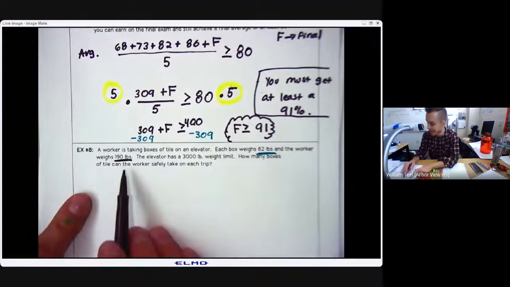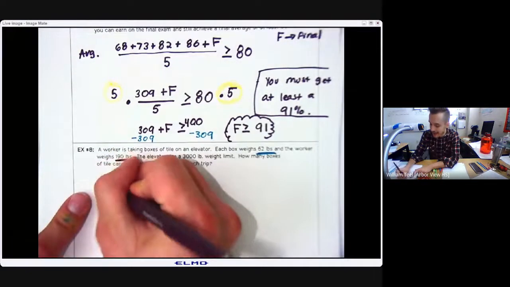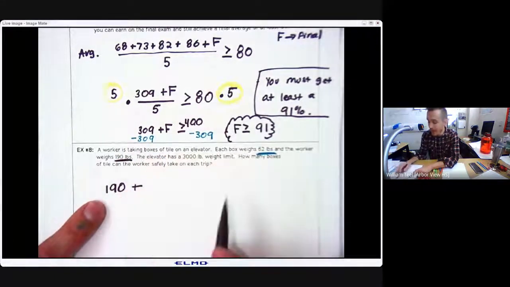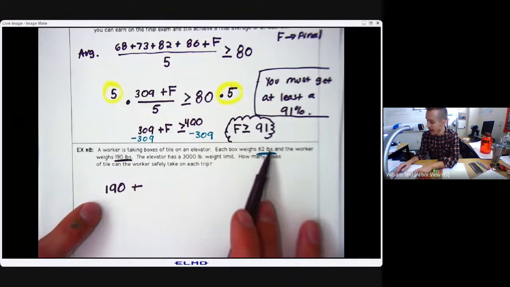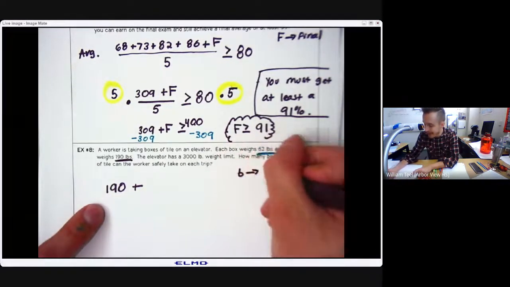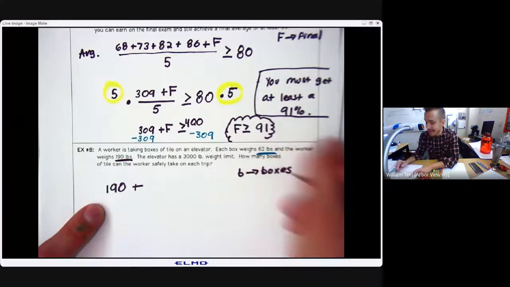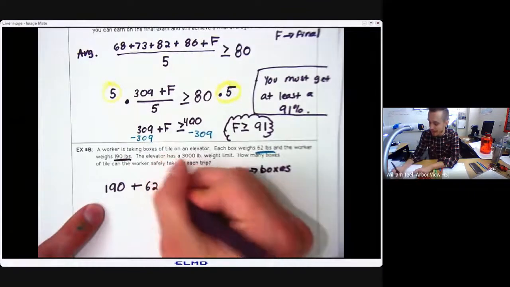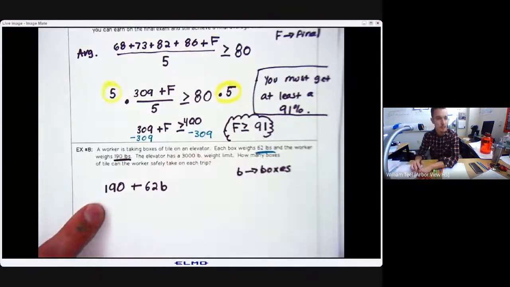So what I'm going to do is take the worker's weight, 190, and add that to each box weighs 62. Now let's go ahead and assign a variable here. I'm going to say B represents boxes. That's what I want to figure out, how many boxes I can get. So plus 62 pounds per box, that's going to be 62B.